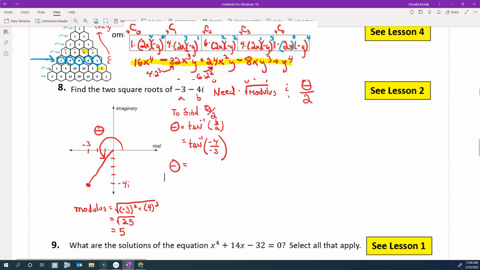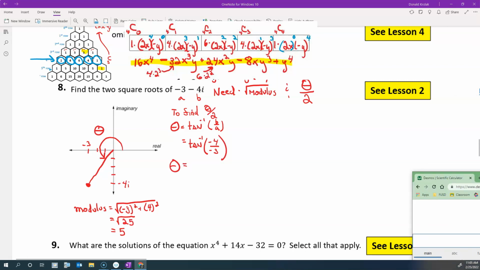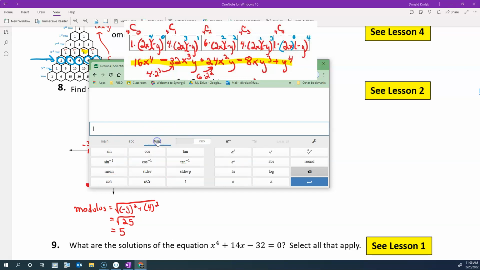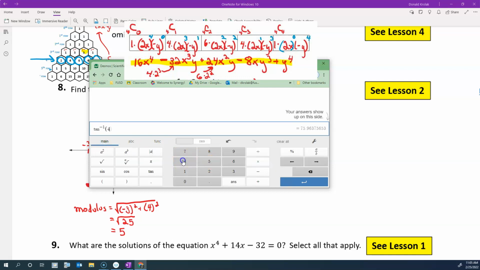Okay, now be sure that you're in degrees when you do this. I'm doing it on the Desmos calculator, and I want to be sure that I'm in degrees. Okay, so degrees is showing, and I'm going to do my arctan, and -4 over -3 is the same as just 4/3. 4 divided by 3.